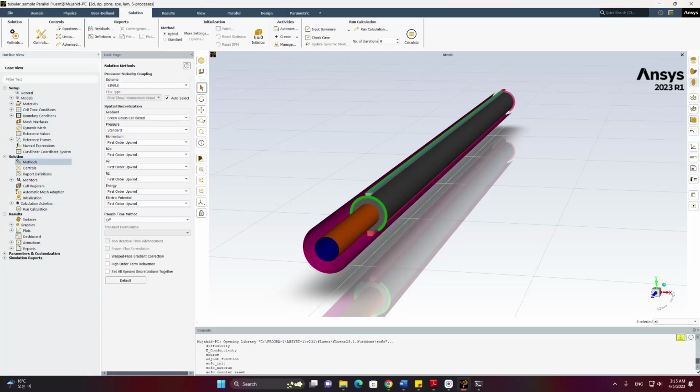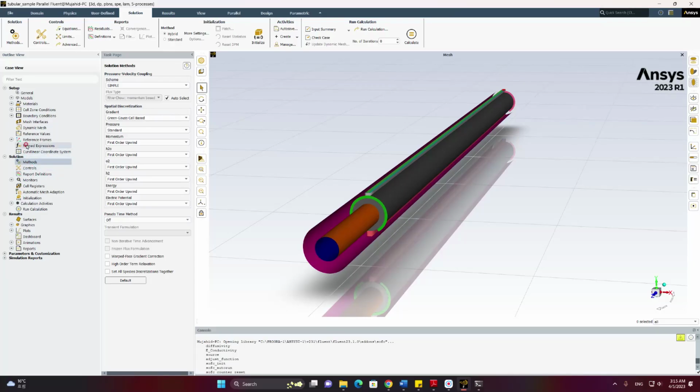The defaults are all upwind conditions, so that's also okay. Simple scheme, that's also okay. In this session we will just import the equations and the report definitions. In the next session we will discuss how to apply them ourselves.